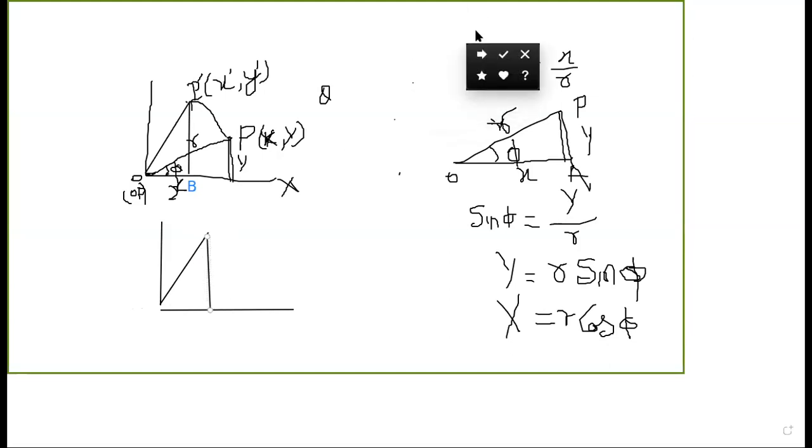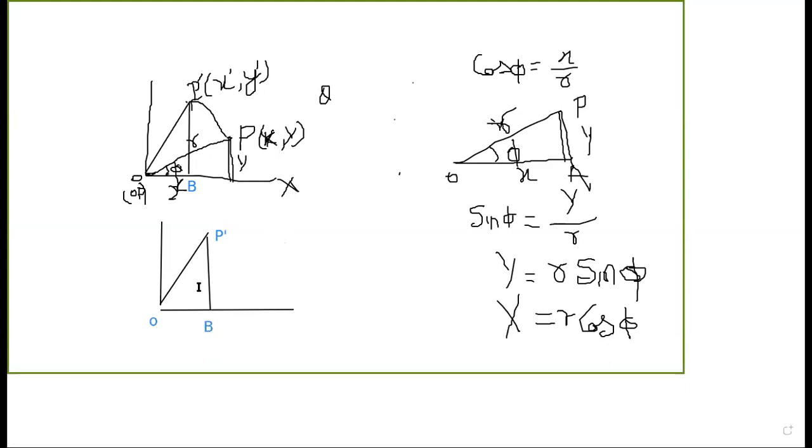If you write here O, this point is P dash, and this point is what? We have assumed B.